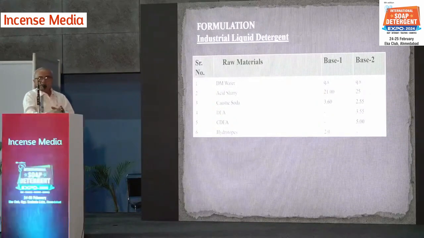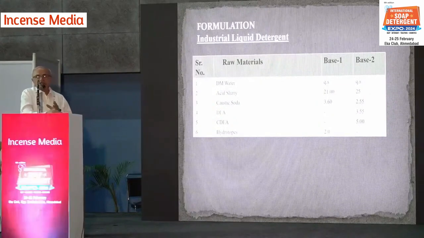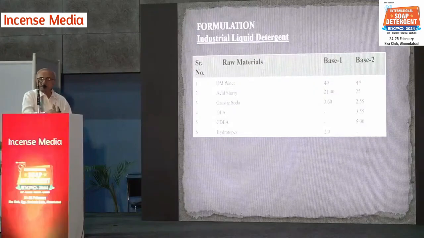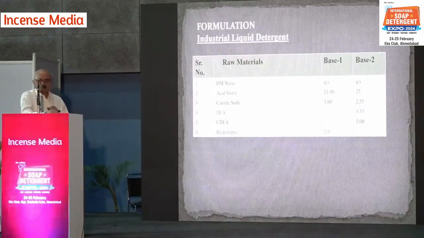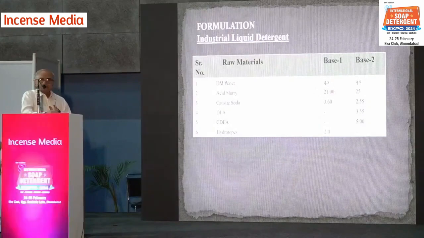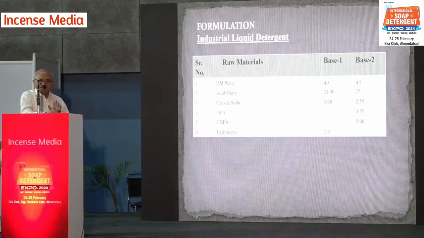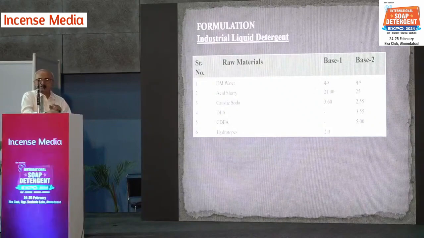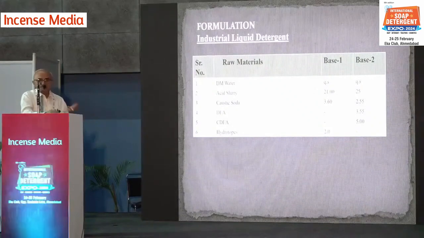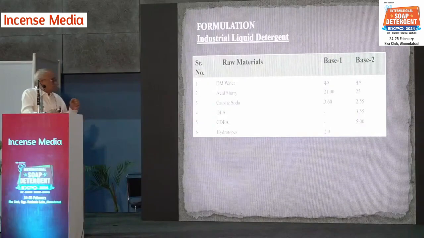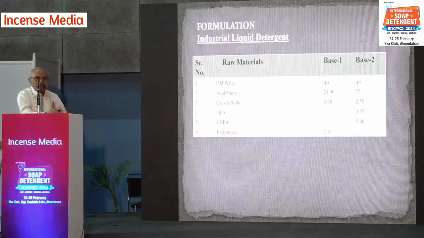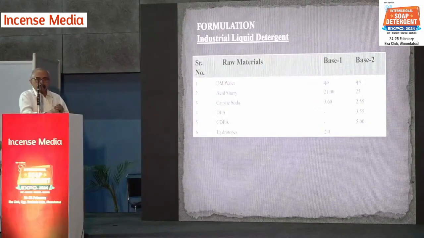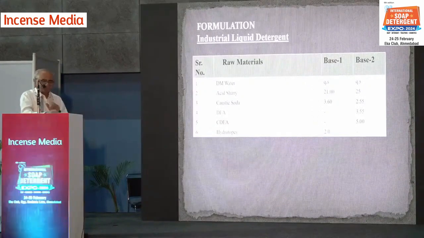If you make liquid detergent from linear alkyl benzene, LAB, acid slurry, then up to 16-17% active, it will remain clear without addition of any hydrotrope. So to make a 20% active, you have to add a little bit of hydrotrope to keep it clear.